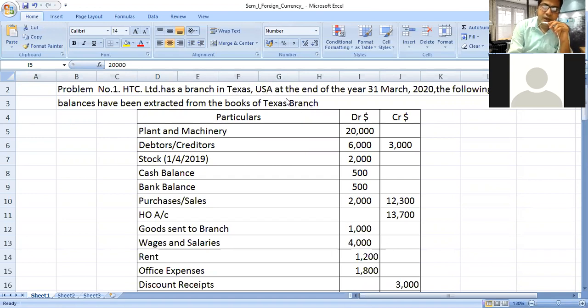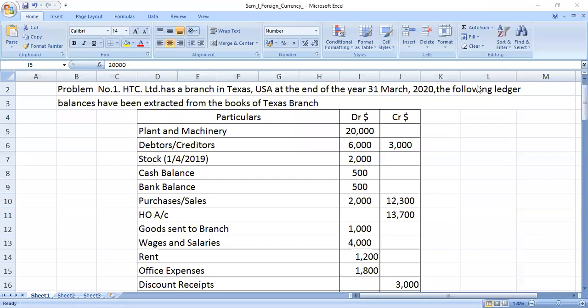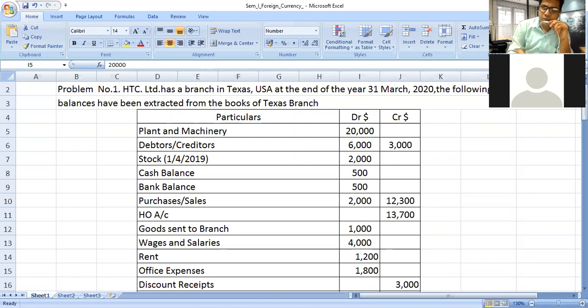This foreign branch provides information to the head office, which is located in India, regarding its ledger balances at the end of 31st March. It means closing ledger balances, which are called a trial balance.